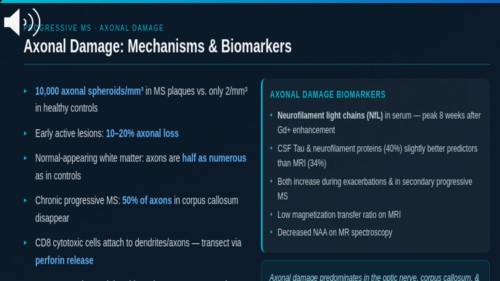The mechanisms of axonal damage are multiple. CD8 cytotoxic cells attach to dendrites and axons and transect them by releasing perforin. Monocytes release nitric oxide and glutamate, both neurotoxic. As inflammation subsides, axonal sodium channels redistribute from nodes of Ranvier into demyelinated regions, a necessary adaptation, but one that increases sodium influx.